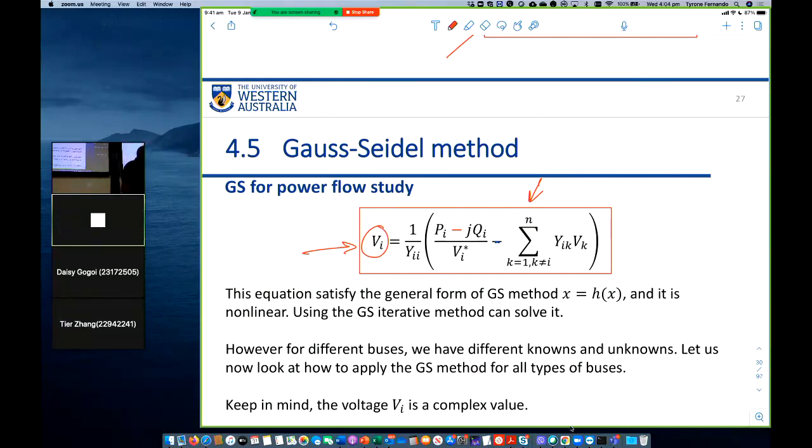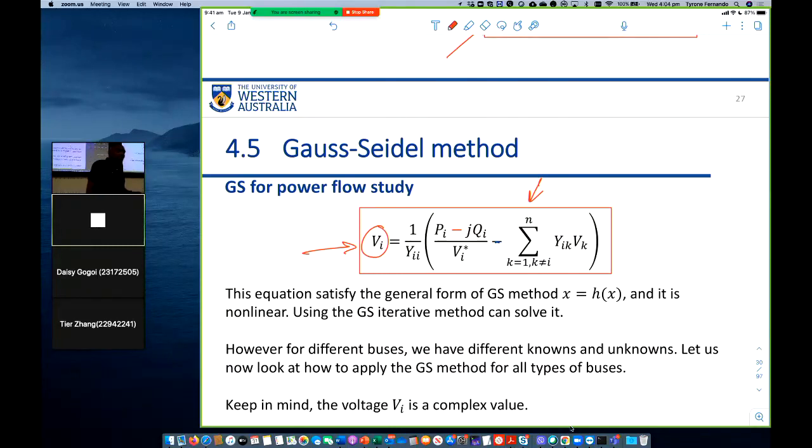Yii is the ii element in the admittance matrix. So if i is equal to 2, we are looking at the 22 element in the admittance matrix. And the rest of the terms are also known. Yik is the ik element in the admittance matrix. Vk is the voltages at all the other nodes, because that's a summation, k goes from 1 to n, k is not equal to i.